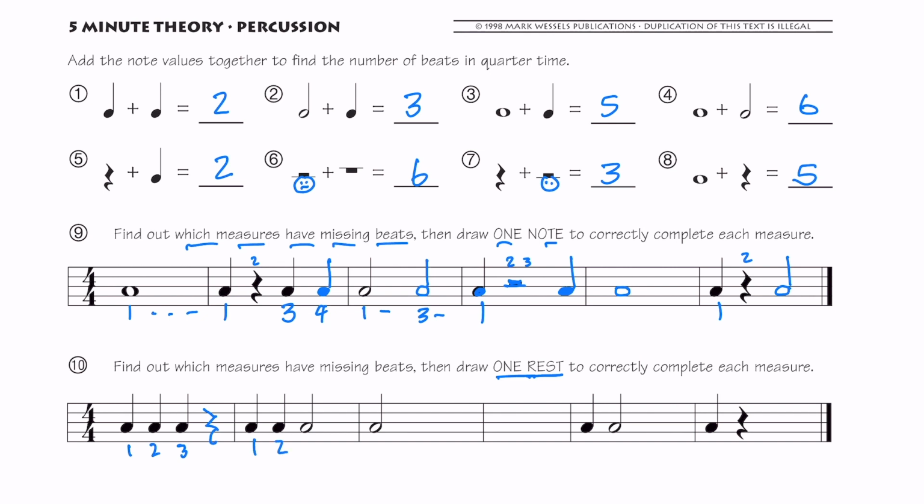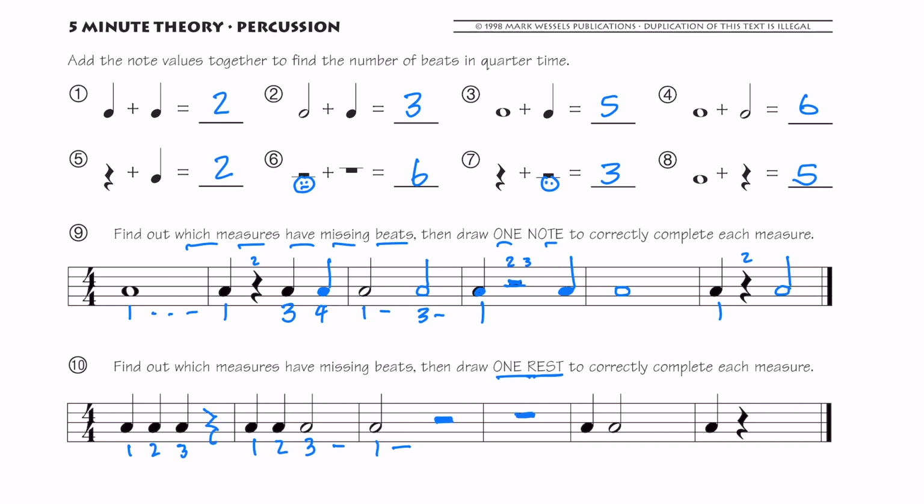1, 2, 3. Ooh, that measure is complete, yeah? So don't draw anything. All right, 1, 2. I'm missing count 3 and 4, but now I'm drawing a rest, not a note. So remember, a half rest sits on the line. All right, this one is missing the whole measure, so that would be a whole rest, yeah?